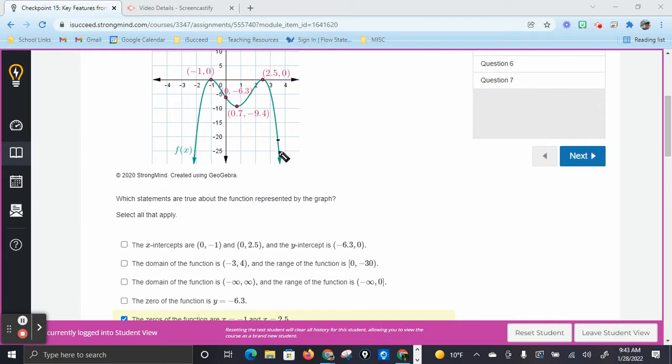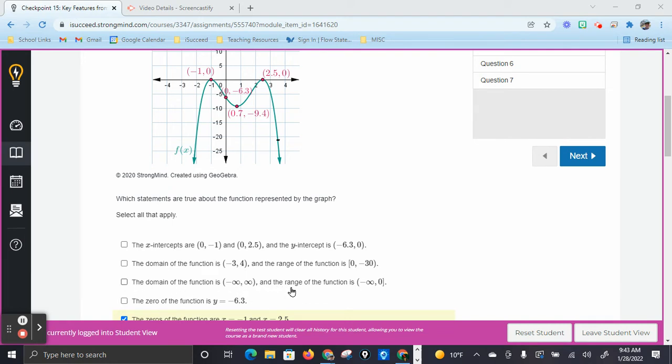In fact, every single coordinate point along this line is represented, and these arrows indicate going on and on and on forever. So since there's no holes anywhere, this graph doesn't stop anywhere, we know that the domain of the function is all real numbers. There's no x value that didn't work in here.